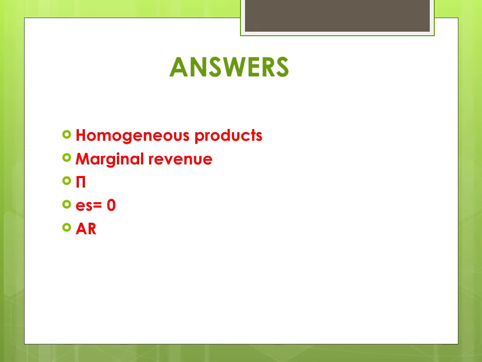The next one, the firm's profit is denoted by the symbol pi. When the supply curve is vertical, the elasticity of supply is 0, which means it neither increases nor decreases. The revenue per unit of output of a firm is called AR or average revenue. I hope you got the answers correctly.